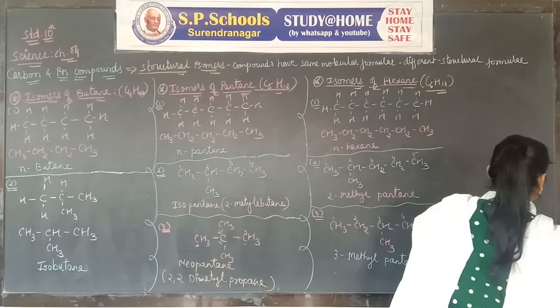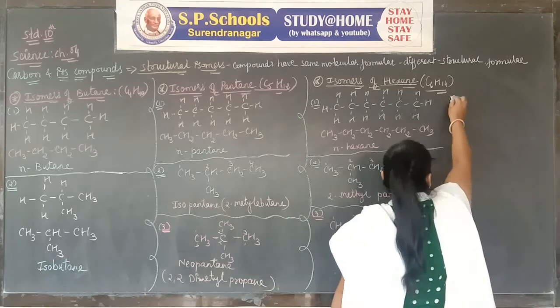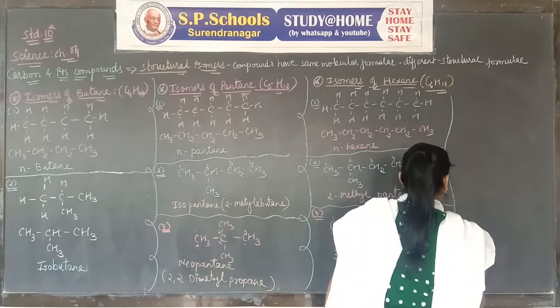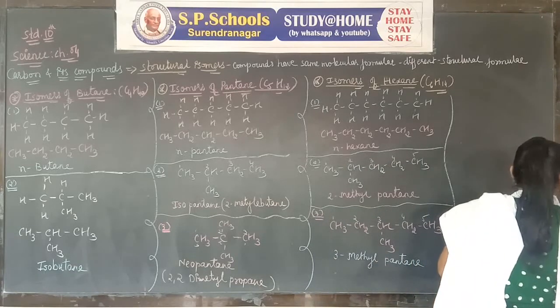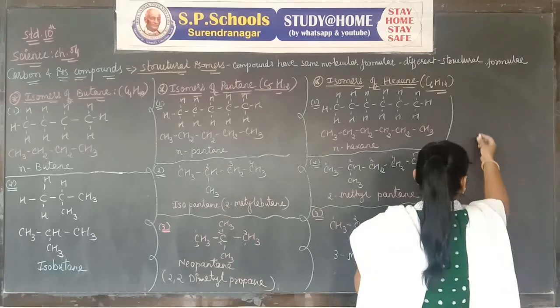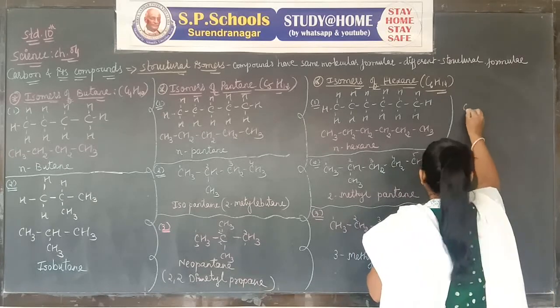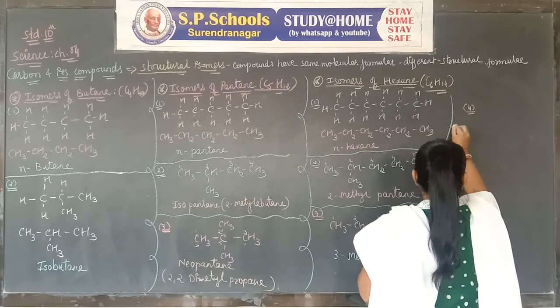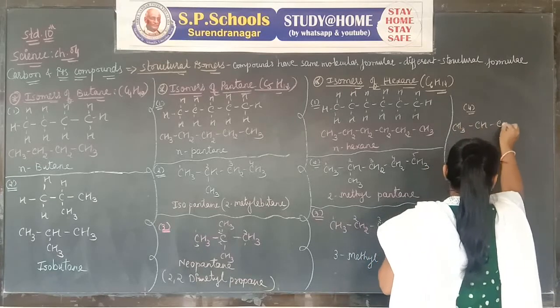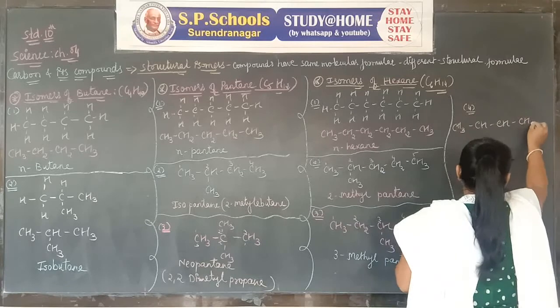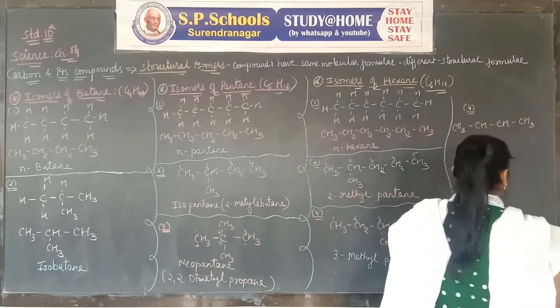Let's go with another. If in case of 2-methyl group will be present, first we write the group CH, fourth number, CH3, CH, CH, CH3.